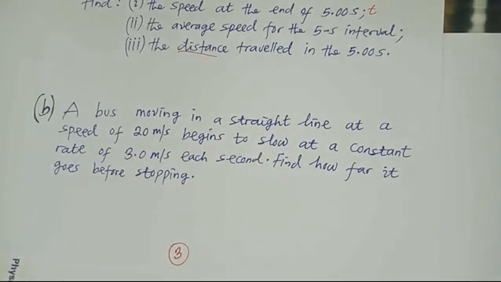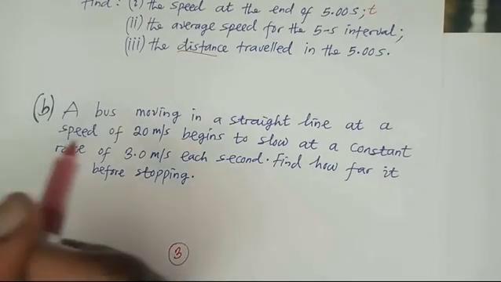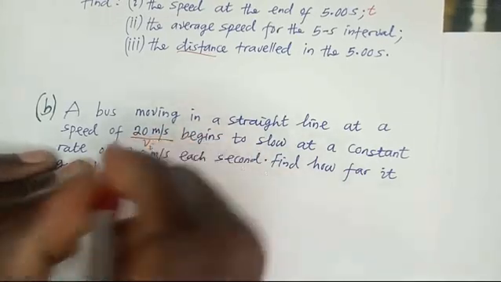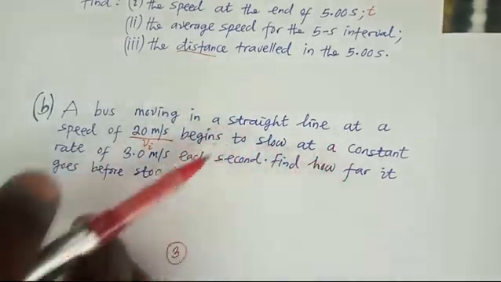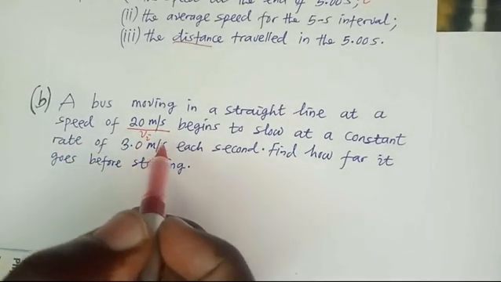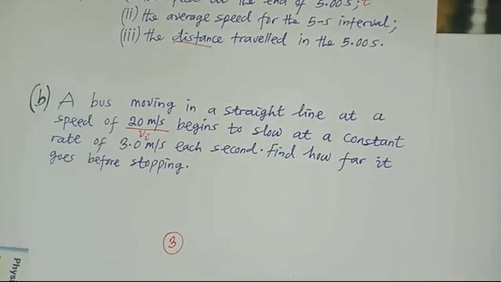Remember what we said in the class, that when they say an object begins to slow down, at that point the velocity before that point should be taken as our initial velocity. So this is our V sub i. Begins to slow down at a constant rate of 3.0 meters per second each second. Find how far it goes before stopping.